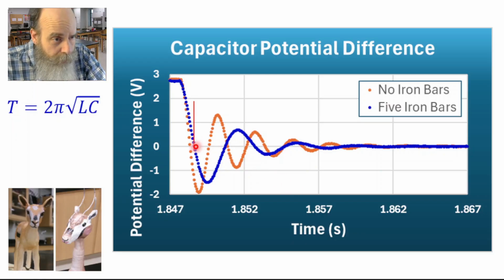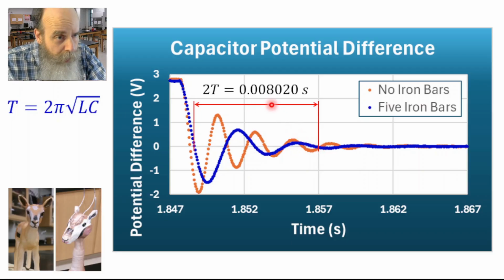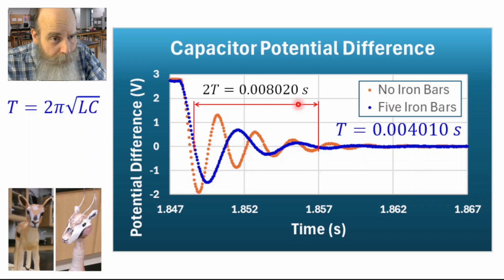Let's start here and go 1 cycle, 2 cycles over to here. So that's 2 oscillations. So this time interval should be 2 times the period. So 2 times the period is 0.008020 seconds. Divide by 2 to get the period. And we get the period here: 0.004010 seconds with 5 iron bars in the solenoid.